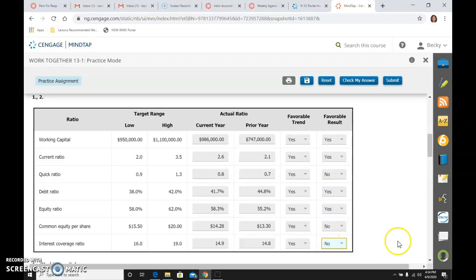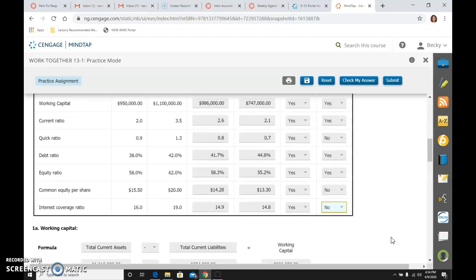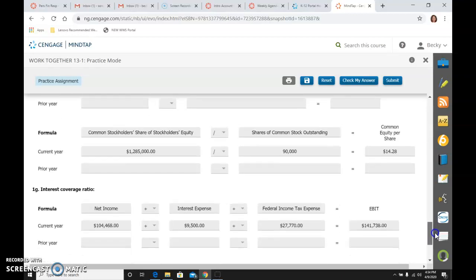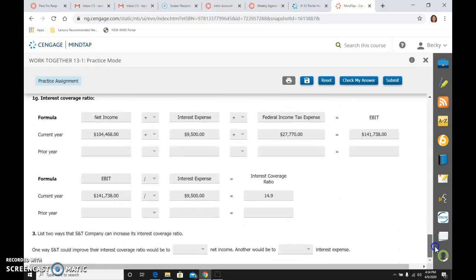And so our directions asked us to list two ways that this company can increase its interest coverage ratio. So it makes us analyze and say, in order to get this to go up, what can I do? So if I'm down here looking at the interest coverage ratio, I am taking EBIT divided by interest expense. So one way that this company could improve their interest coverage ratio would be to increase their net income.